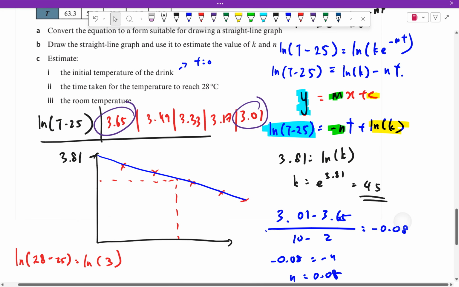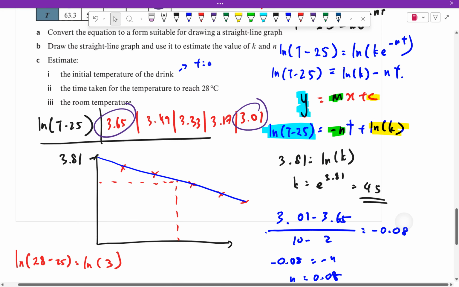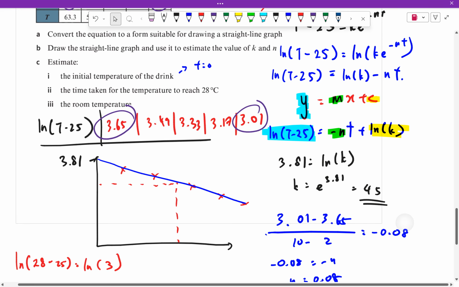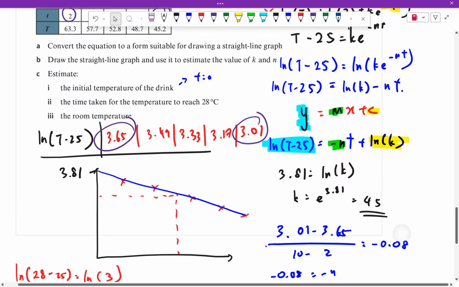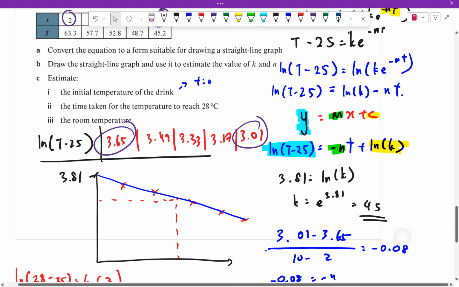Estimate the room temperature. Ignore this question.